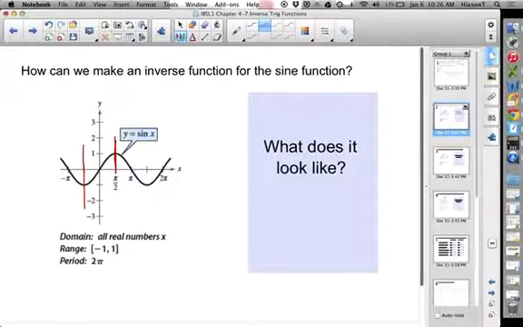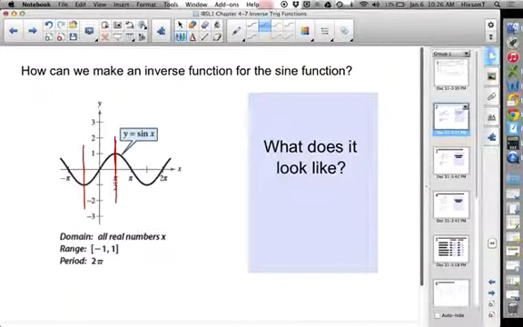Okay? We actually can't even include a full period, because that period would fail the horizontal line test. The original first period goes from 0 to 2 pi. If I drew a line across, I'm going to hit that twice, so that fails the horizontal line test.